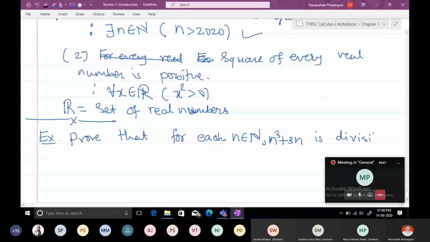So this is a statement which is true for all natural numbers, and we want to prove this.